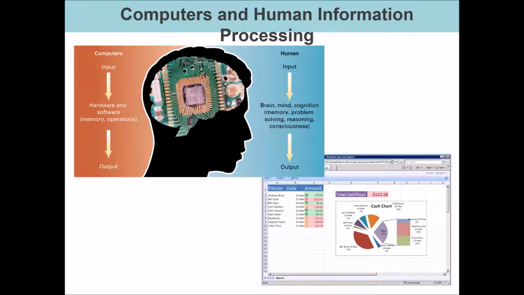So just a little bit more about this analogy, right? With computers, you get input and then it's processed with the software and stored on the hard drive on the hardware, and then you get an output after these operations, like an Excel formula has been calculated. And with a human, kind of the same thing, but the way that information gets into our brain is with our sensory and perceptual systems.